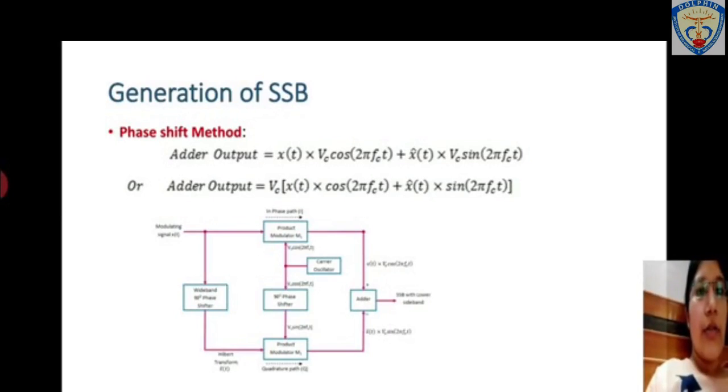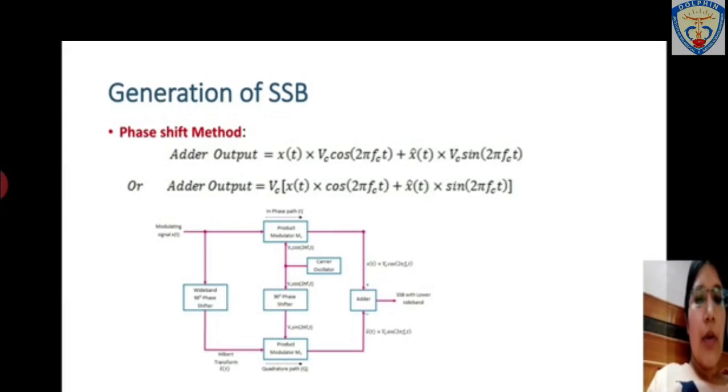Next is the generation of SSB using the phase shift method. In this, we generally have two product modulators and two 90-degree phase shifters. The first modulator is simply applied with the message signal and the carrier frequency Fc.